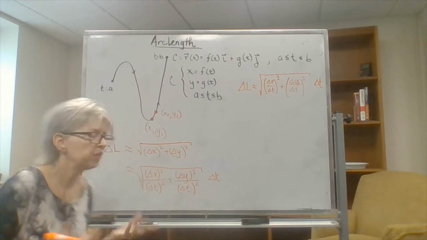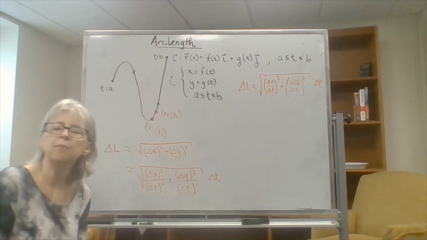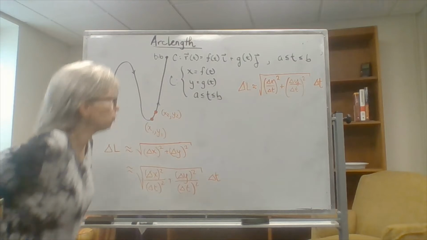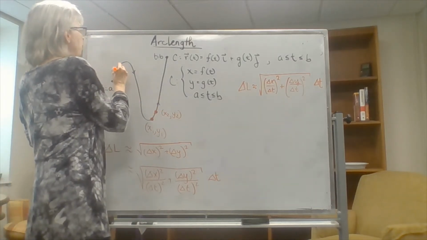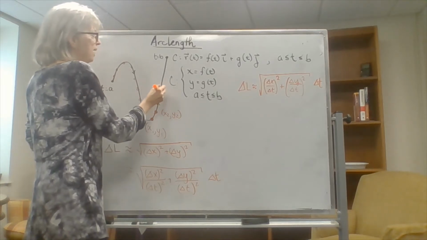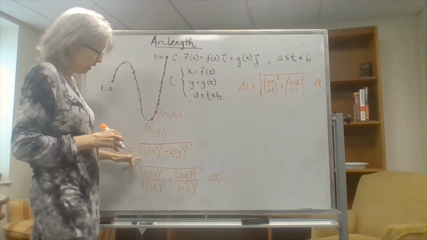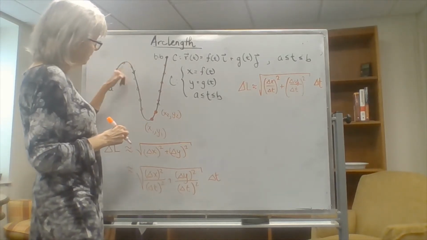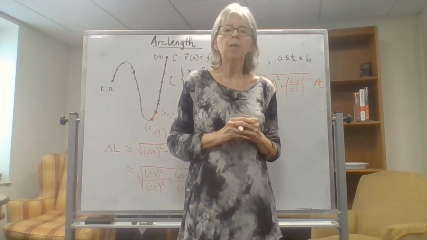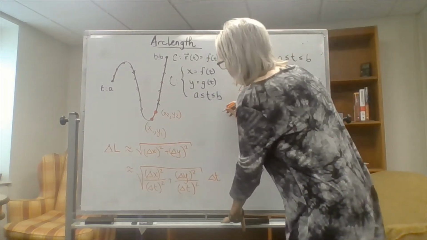Now that's just for the 2 points that I picked and the change in time for those two. If I were to come into this curve and mark off a whole bunch of points and do this same computation for each pair of consecutive points, and then add all of those up, then I would get an approximation of the total length of the curve.